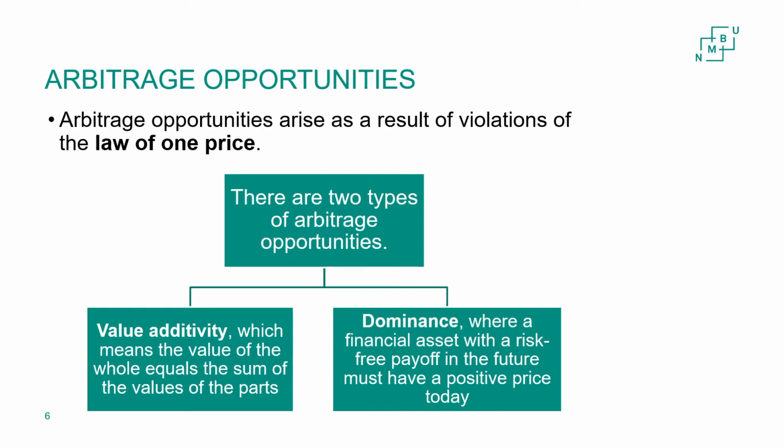Because if you have a positive certain cash flow in the future, you would have to discount that cash flow to find the price today, and that price would be positive.